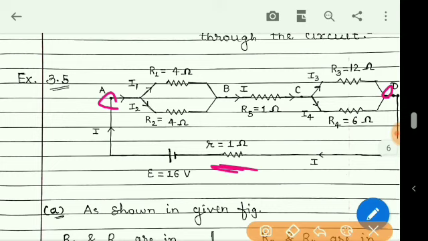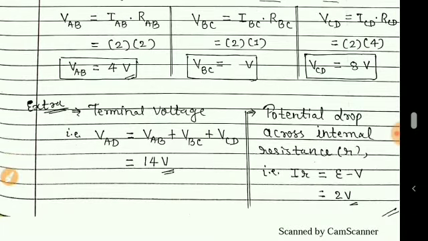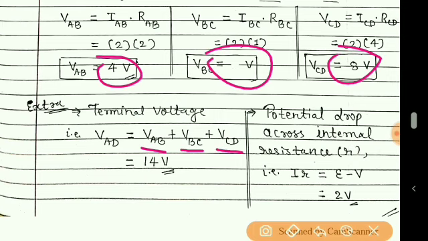The internal resistance is not considered in this. Why? Because it is the internal resistance of the cell, which is inside the cell. So terminal voltage is across A and D. Here we can find the terminal voltage as VAB plus VBC plus VCD, that means the addition of these 3. So 8 plus 2 plus 4, that is 14. So we got the terminal voltage as 14 volt.